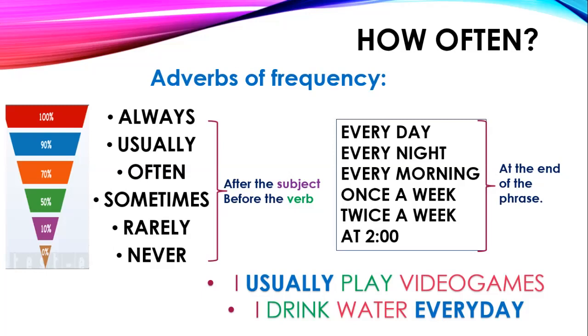We continue with the rule that first the person, then the verb, and at the end, every day or every morning. So I drink water every day. Okay, we use them to explain how often we do something.